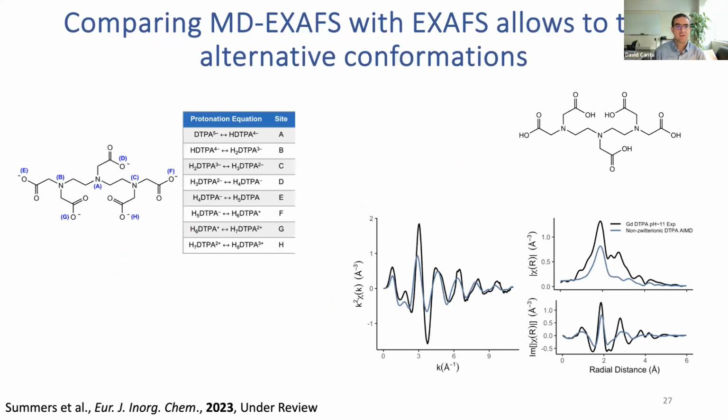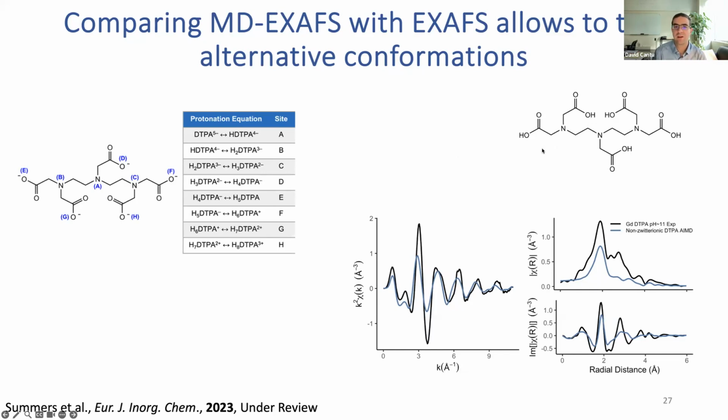And so comparing MD-EXAFS with EXAFS also allows us to test alternative conformations. So I had mentioned that for the protonation states, if you go from basic to acid, first amines, and then carboxylates, like a zwitterion, and then we were just wondering, well, what if we just tested this neutral compound that has no zwitterionic behavior, is uncharged.